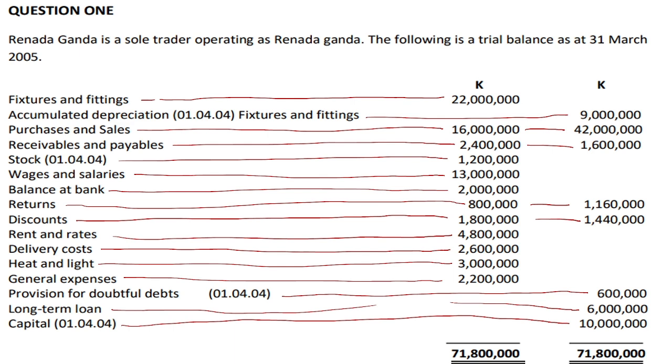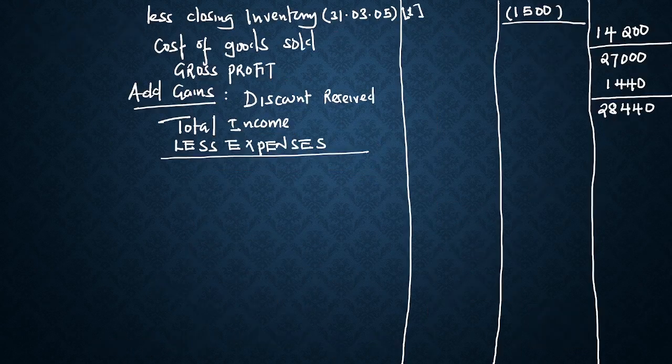There is no need of calculating anything there, not so. Yes. Discount allowed, which is a 1.8.